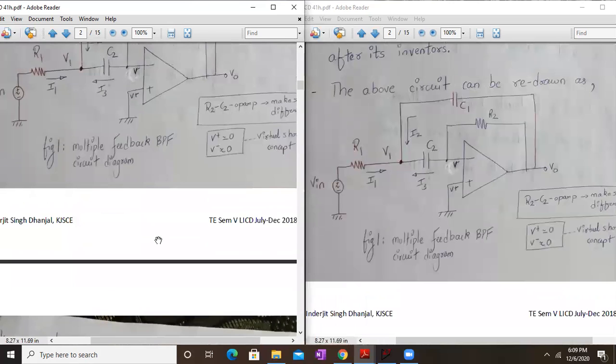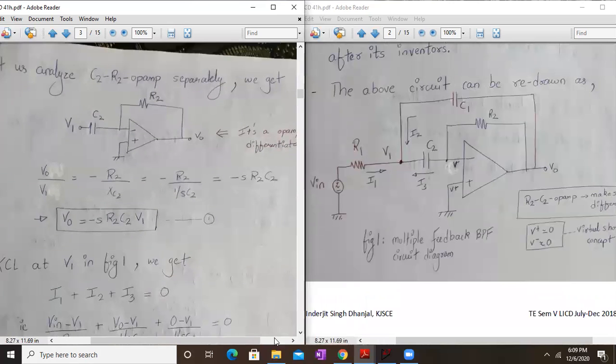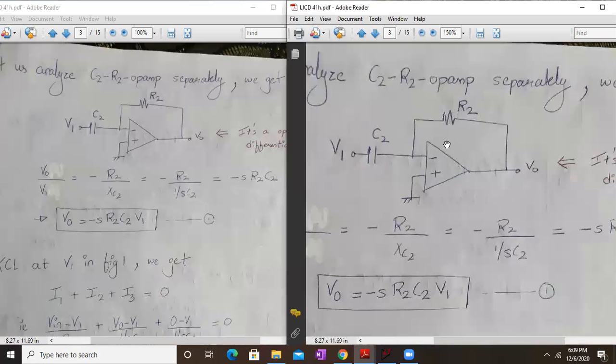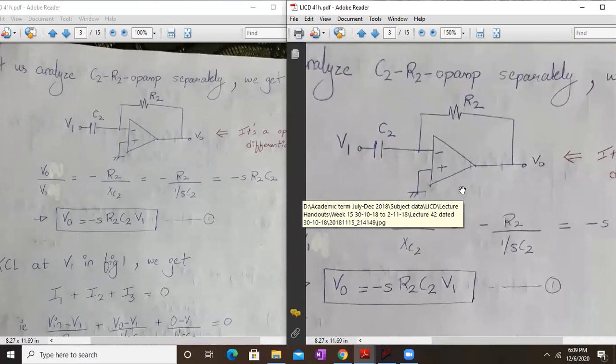What we are trying to do is find the transfer function of the system. Here we'll first analyze the C2, R2 and opamp separately, so it's an opamp differentiator. Here V out upon V1 is given by minus R2 upon XC2. Let me open up the circuit over there also. So this is my opamp differentiator.